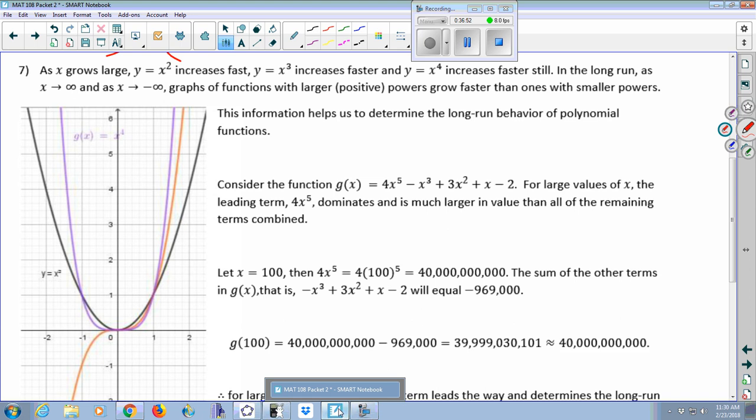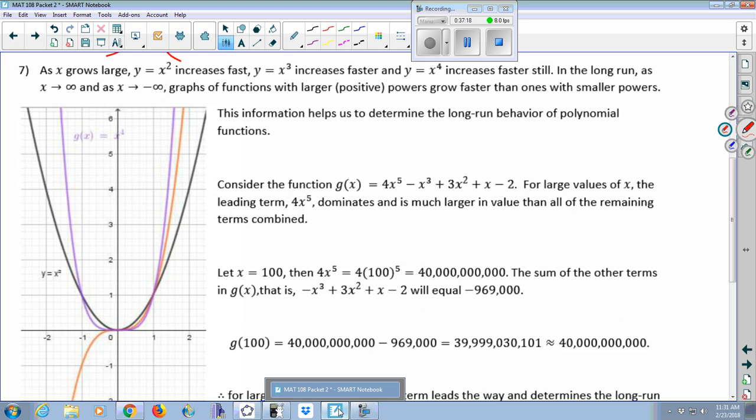I only picked 100, but that's pretty big for when you're raising to the 5th power. So if I just evaluated this term at 100, then you have, what is that? Thousands, 40 billion, right? So just this term alone, the first term would be 40 billion. If I now evaluated all the rest of these terms at 100, here it is, right there.